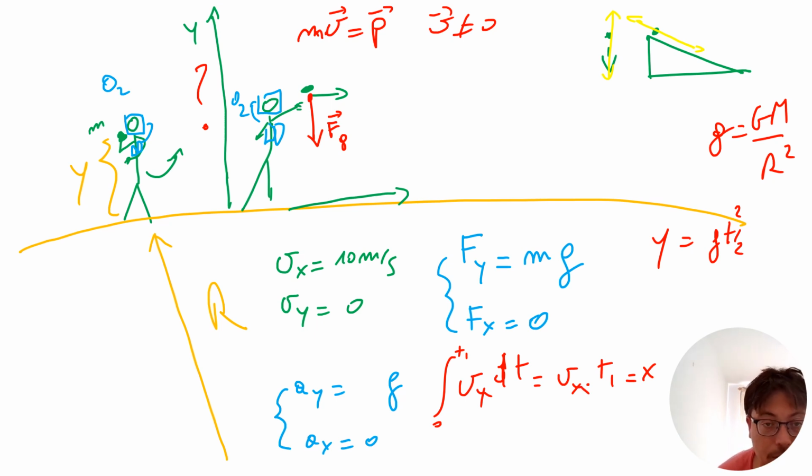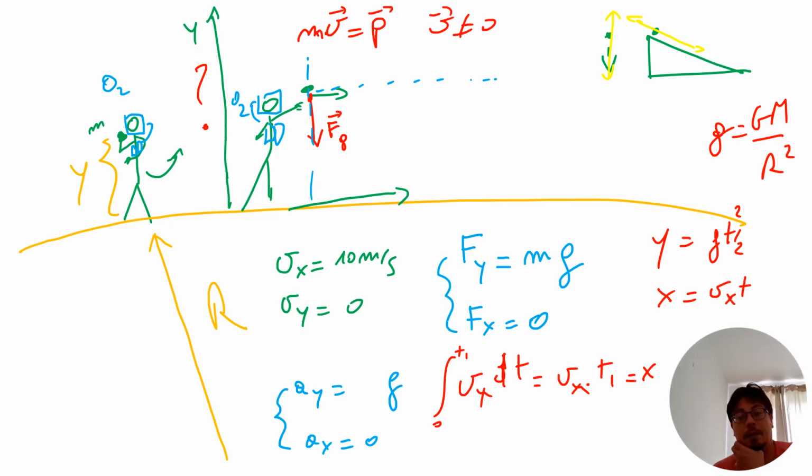So if we were to draw the cartoon here, the object would fall with this time dependence and with this time dependence here.